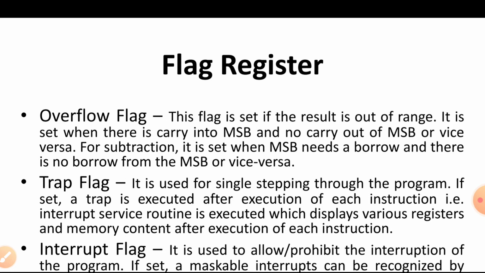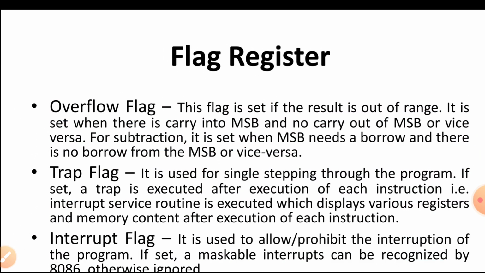when there is a carry into the MSB, the most significant bit, and no carry out of the MSB. That is, the MSB is receiving a carry from the previous bit and the MSB is not creating any carry, or vice versa: the MSB is creating a carry and is not receiving a carry from the previous bit.